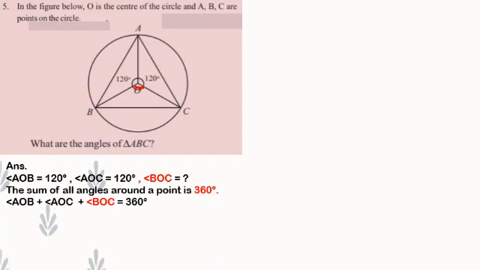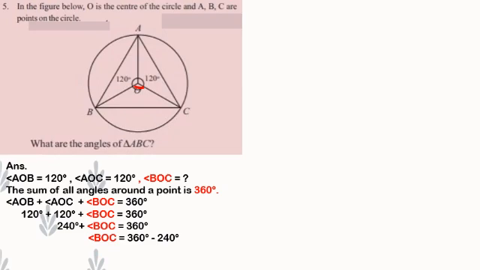So we can write angle AOB plus angle AOC plus angle BOC equals 360 degrees. Substituting the angles we know, we get 120 degrees plus 120 degrees plus angle BOC equals 360 degrees. That is 240 degrees plus angle BOC equals 360 degrees. Then angle BOC equals 360 degrees minus 240 degrees. So angle BOC equals 120 degrees.